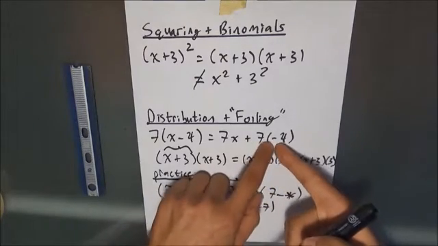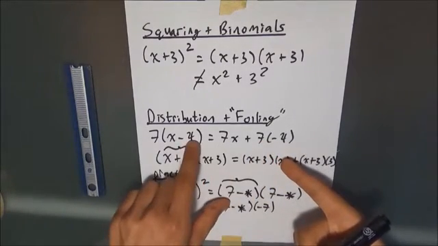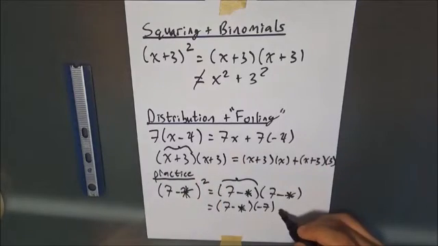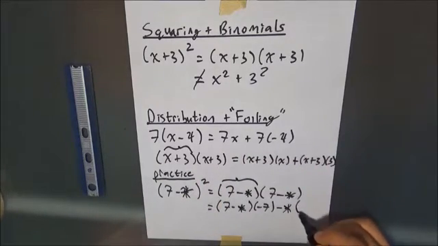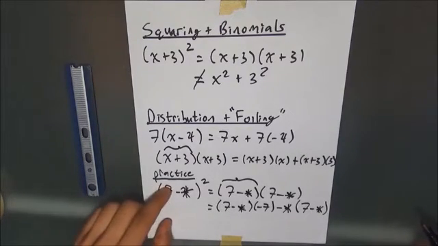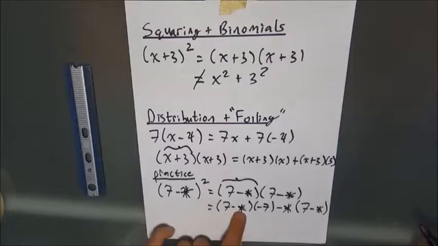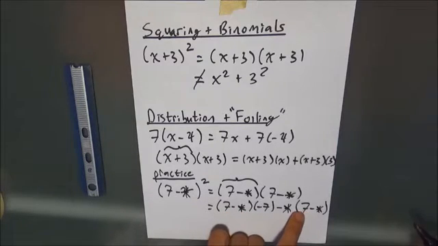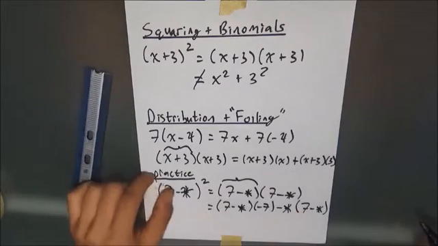That's kind of what I'm doing up here. I'm thinking of it as negative 4 times 7. You can think of it as either way, but this way is nicer to write. So you get 7 minus star here. Okay. So once again, this is squaring, and then this is using the distribution property on binomials.